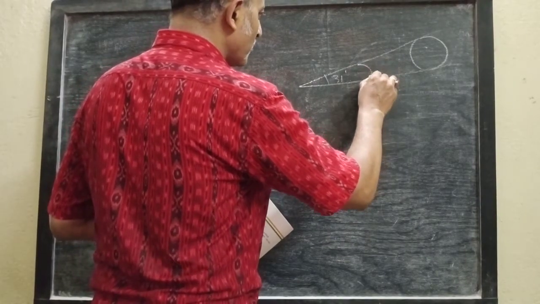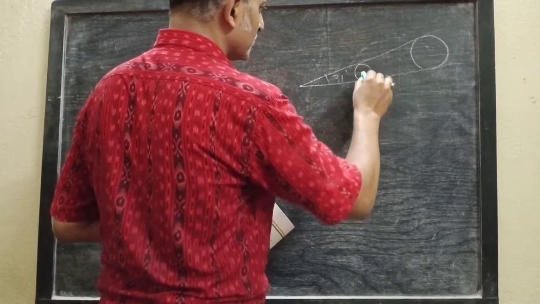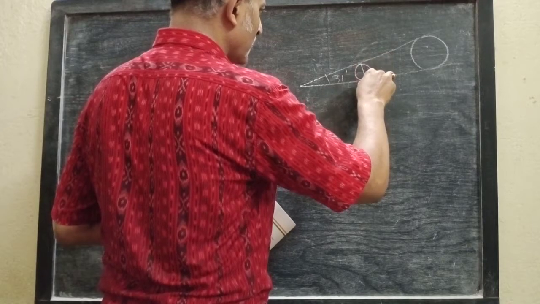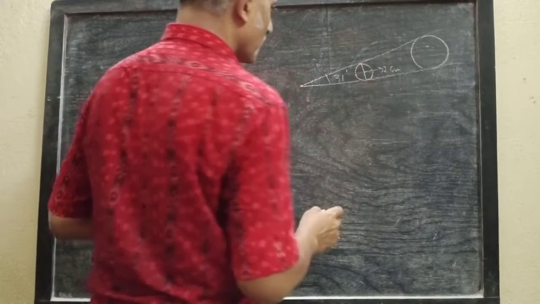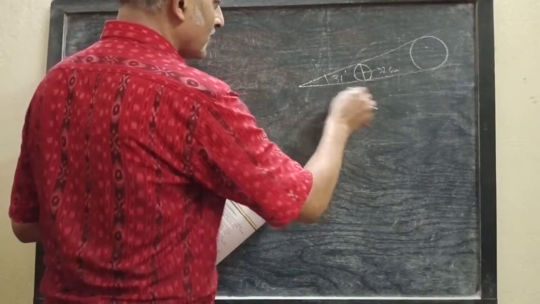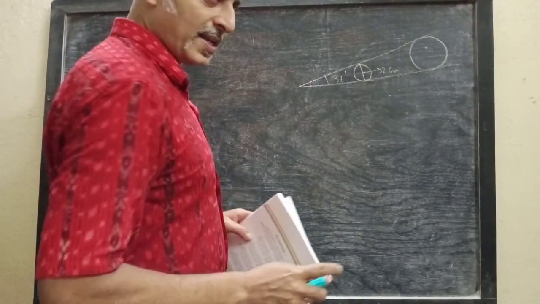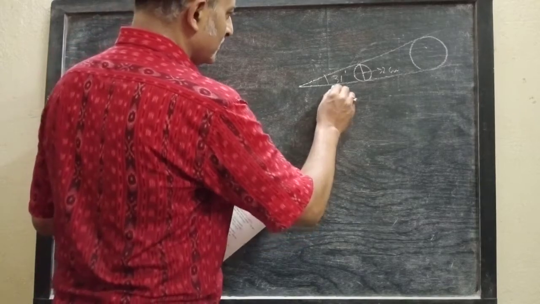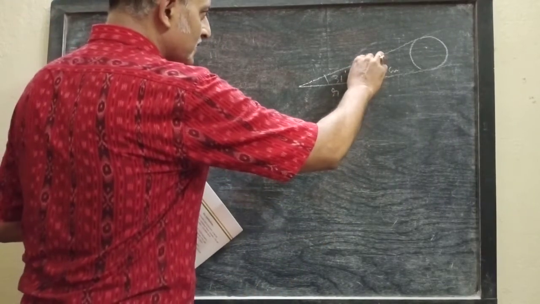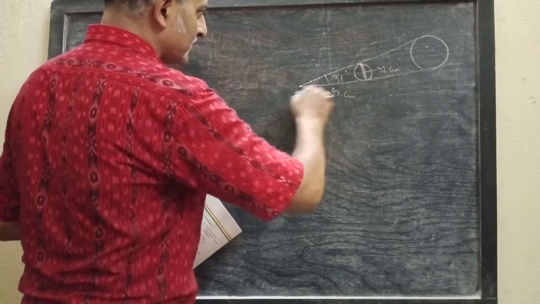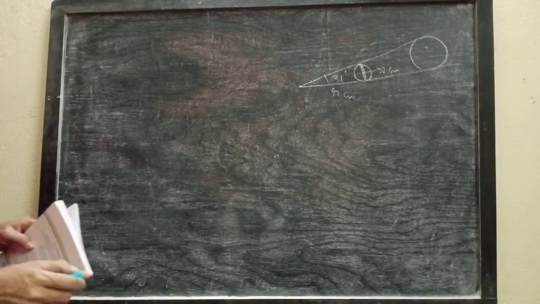If you place the coin here having 2 cm diameter, this length is 2 cm. They have asked at what distance you must place the coin. So let the distance be r centimeter. Now this diameter length will be your S, this is R, and this is the central angle.